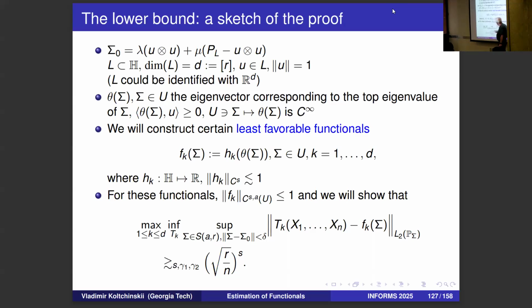And then, as long as these functionals have finite Hölder norms, we will create a kind of Hölder smooth functional this way, which will be in the correct class, for which the weighted Hölder norm will be smaller than 1. And we will try to show that for these functionals we will have this bound. I put here only the second term of the bound. We need to do a separate argument for the first term, but it's much easier.